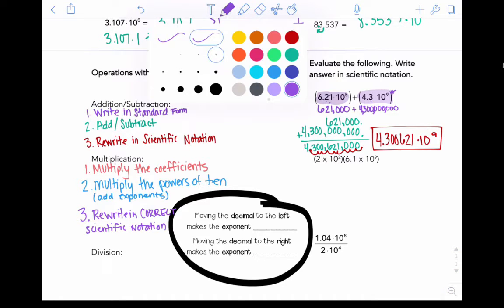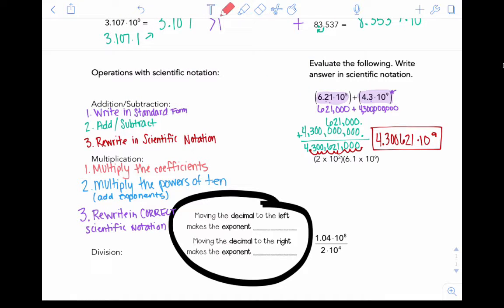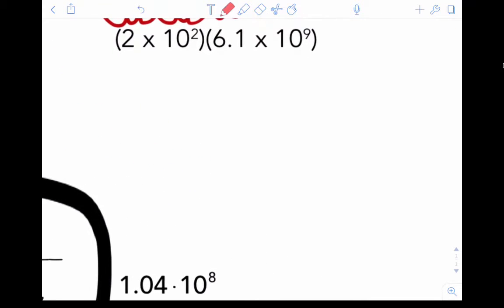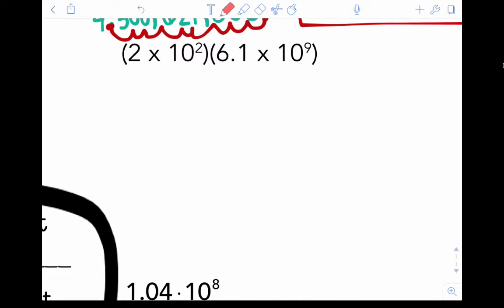So let's go ahead and try this out. When I look at multiplication in scientific notation, notice that it's 2 times 10 squared times 6.1 times 10 to the 9th. So I just have a whole lot of multiplication going on here.